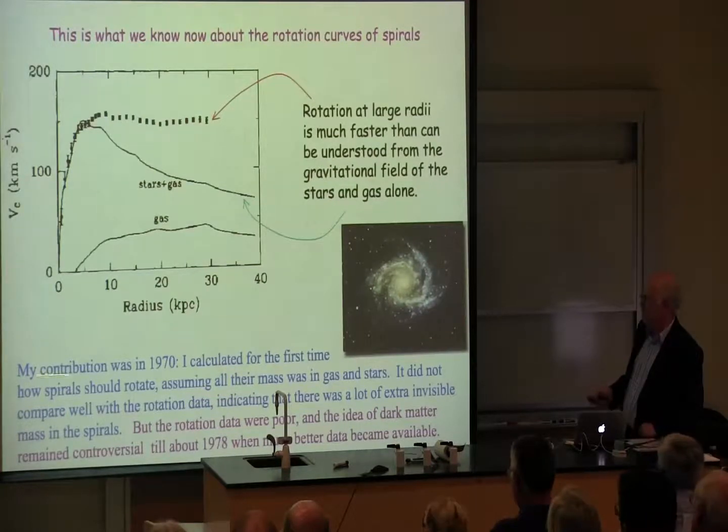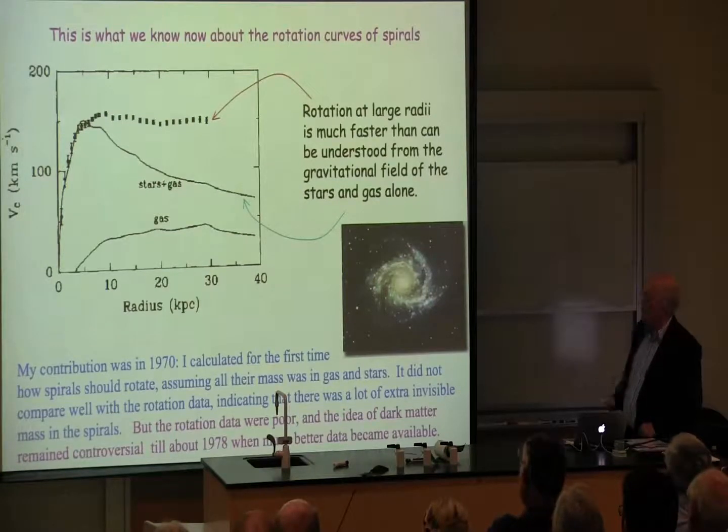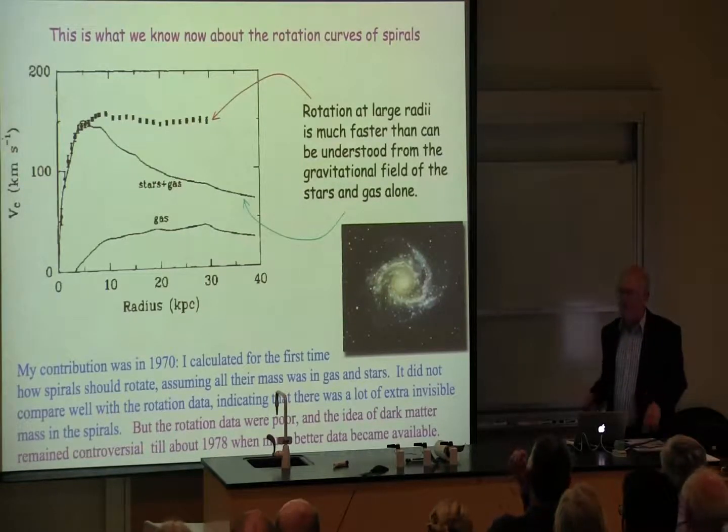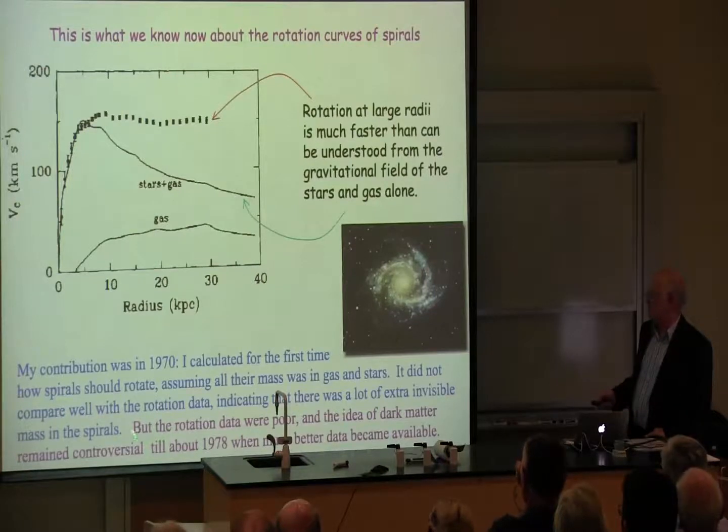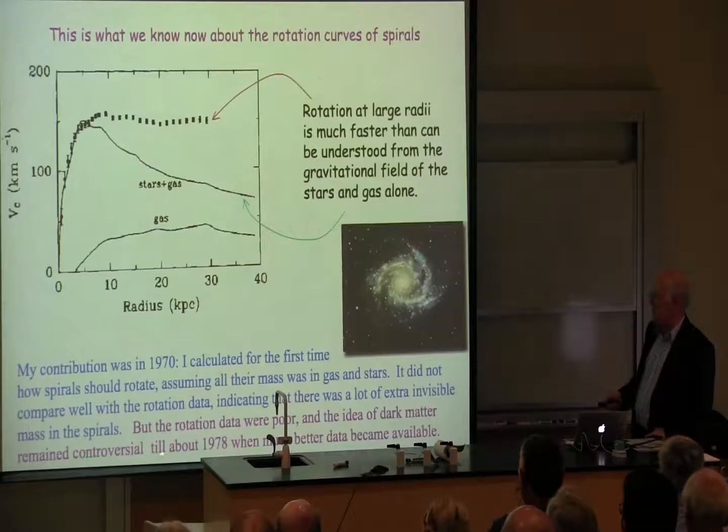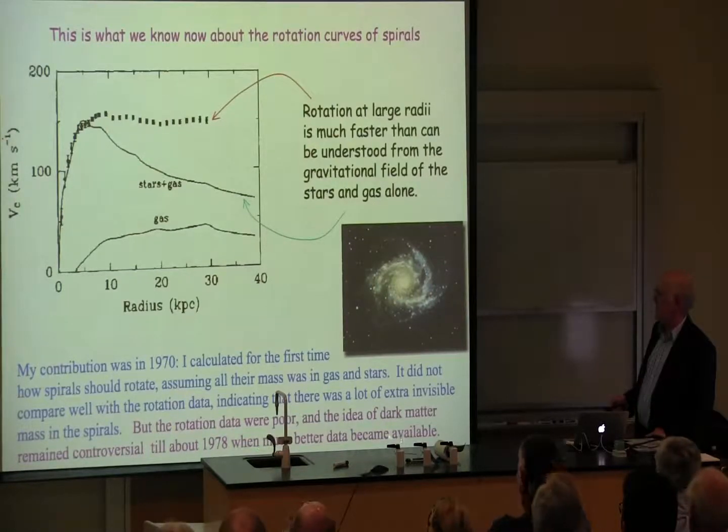I calculated for the first time how spirals should be rotating, assuming all the mass was in gas and stars. And it didn't compare very well with the rotation data, indicating there was a lot of extra invisible material. But at that time, the radio synthesis telescopes were only just coming on air. The data were poor, and the idea of dark matter remained pretty controversial until around the end of the decade, when suddenly much better data became available.